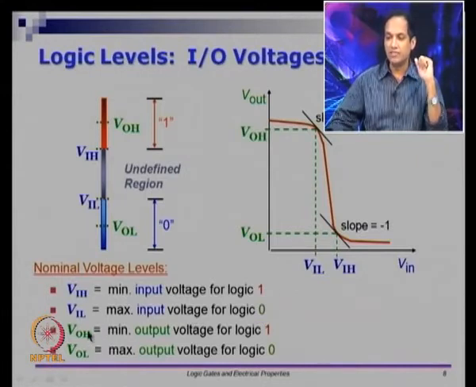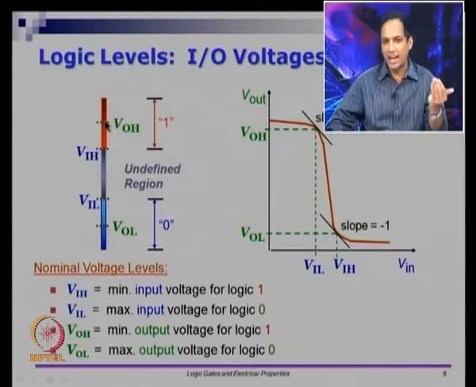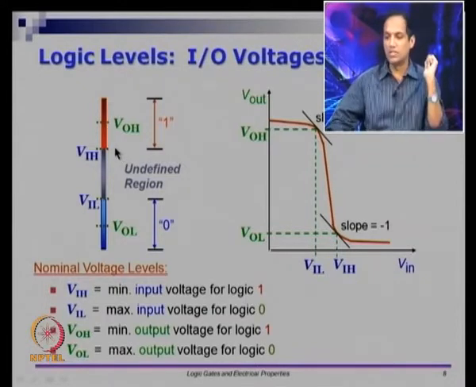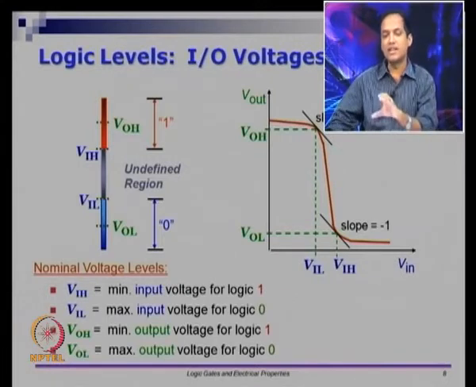Equivalently, VOH and VOL are for the outputs. VOH is the smallest output voltage that can be guaranteed, so that it can still be interpreted as 1 by the following circuitry, and VOL is the maximum output voltage that you will drive from a circuit that can still be treated as 0 by the circuit that follows.